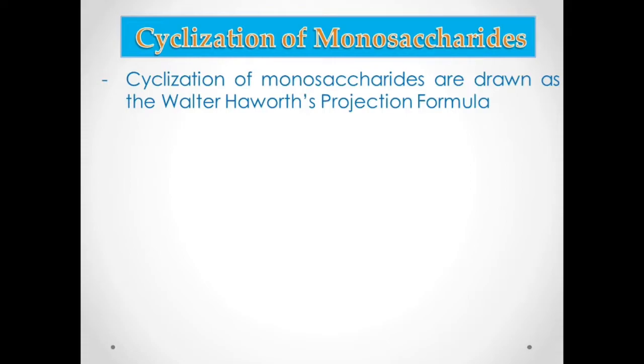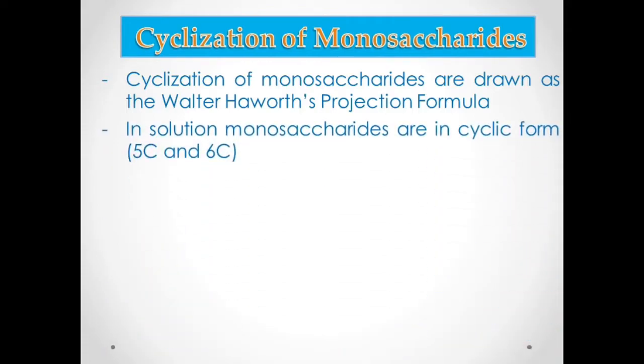This is different from the Fischer projection, because in the Fischer projection we only draw the structure of the monosaccharides in a two-dimensional structure, but in Walter Haworth's projection formula we clearly draw the monosaccharide structure in its cyclic form, because in solution monosaccharides are actually in cyclic form, just like the sugars that contain 5 carbons and 6 carbons.